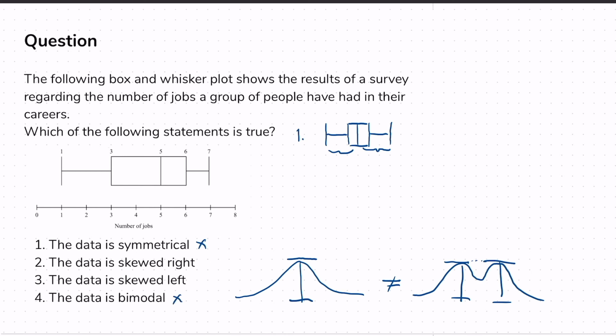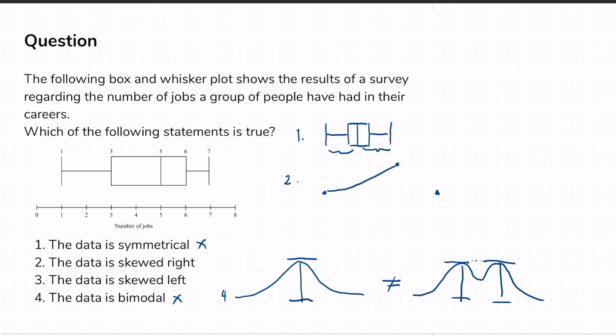Now, is the data skewed to the right or the left? Well, let's try and draw this like we've drawn the one on the bottom. I have my lowest value down here, my highest value up here, and then the middle value is around here. So what does that look like?